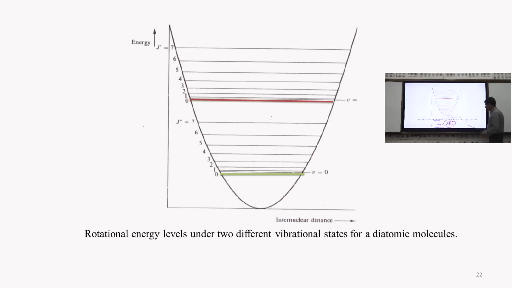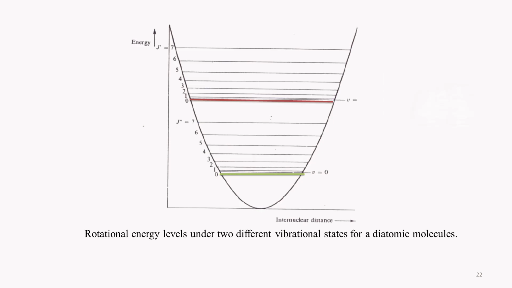So now we are in a situation to describe this. This is your potential energy surface. We are considering two vibrational energy levels: one is V equals 0, and another is V equals 1. In V equals 1, you have several rotational energy levels.